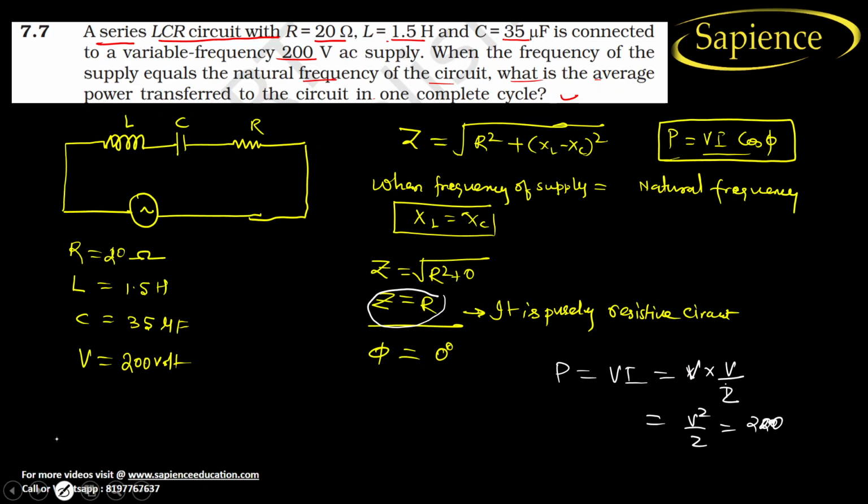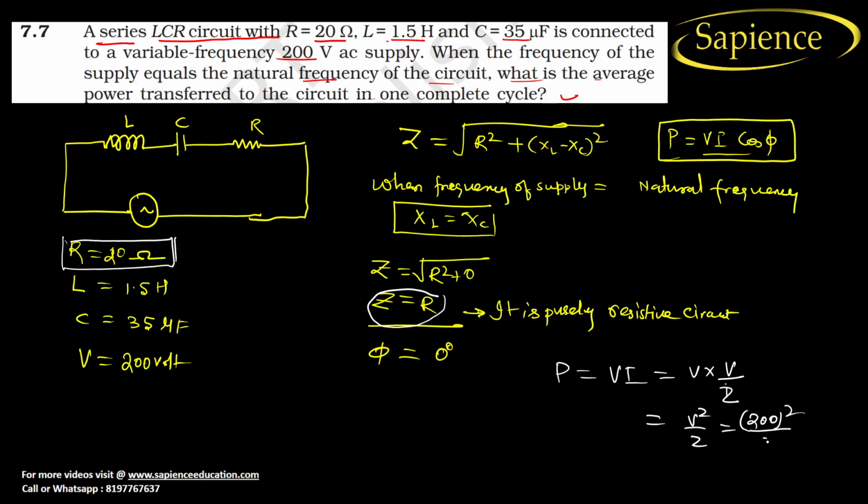Sorry, I have not written it in a proper way, so let's rub it. I hope you have understood. If you have a doubt you can ask. So V square is equal to 200 whole square divided by Z. Z is equal to how much? Since Z is equal to R, R they have provided you 20.